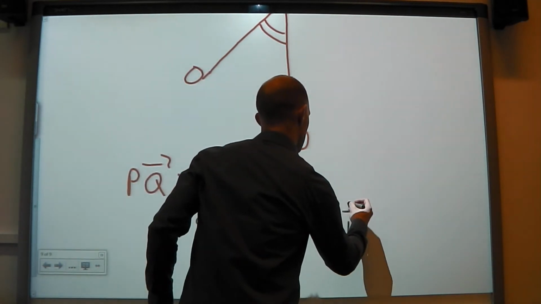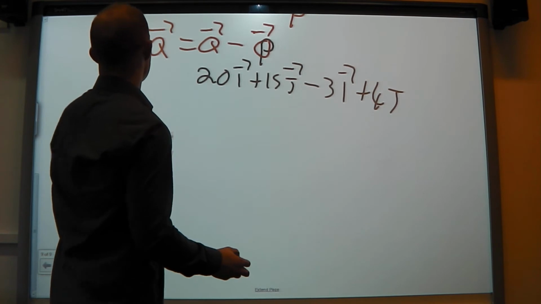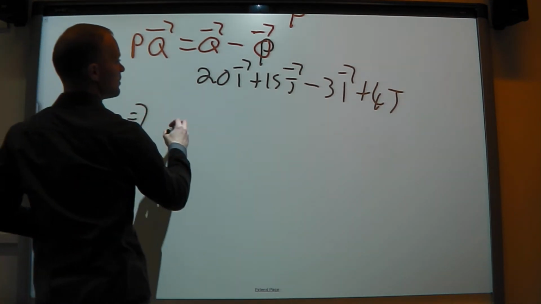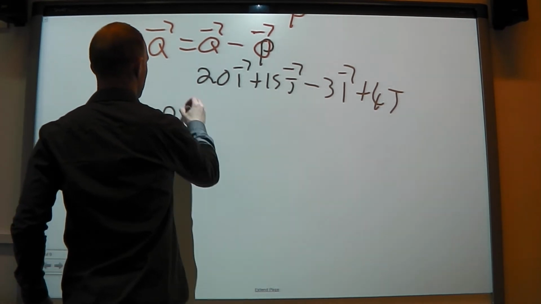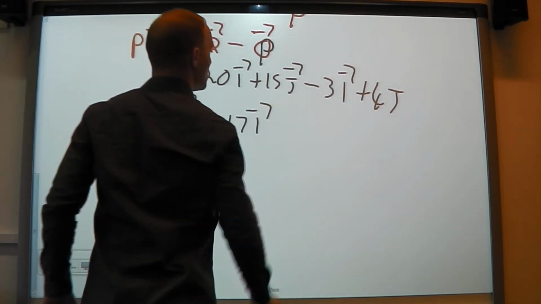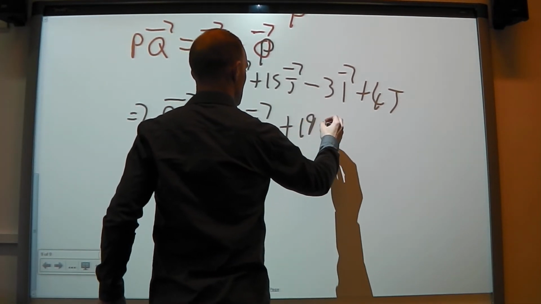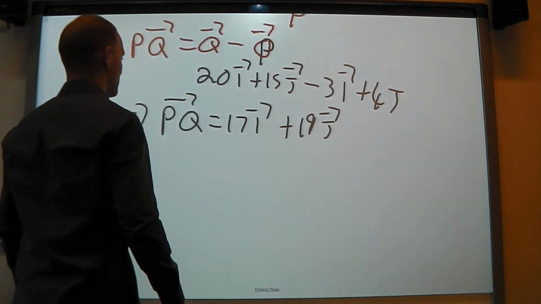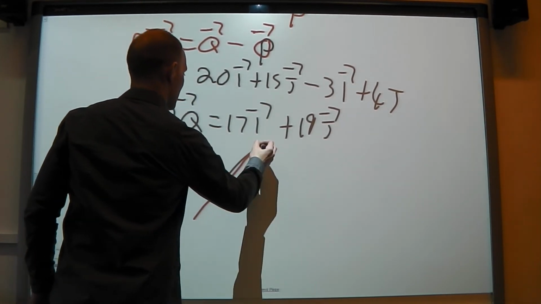So now that implies our PQ vector is equal to 17i plus 19j.